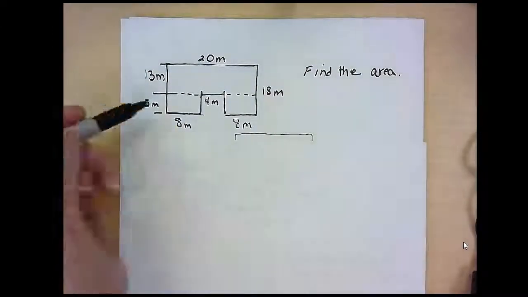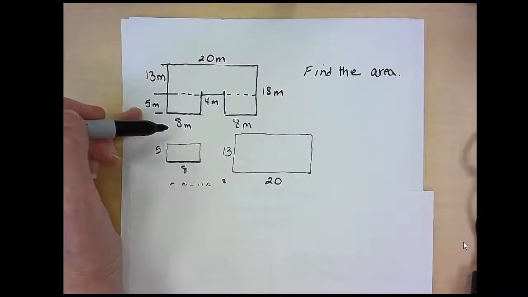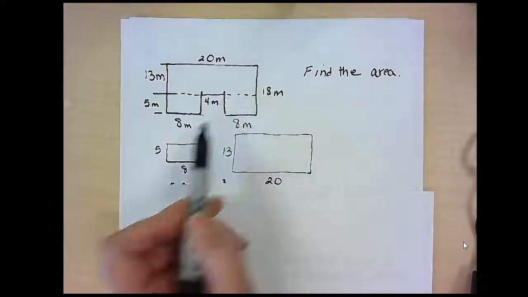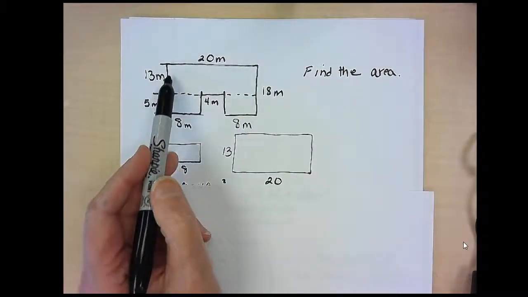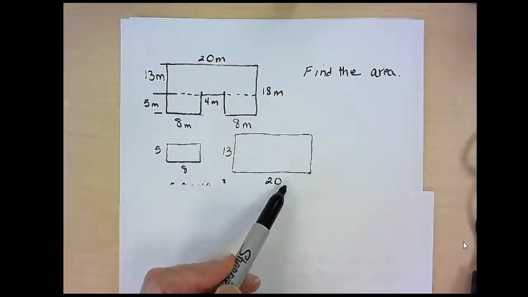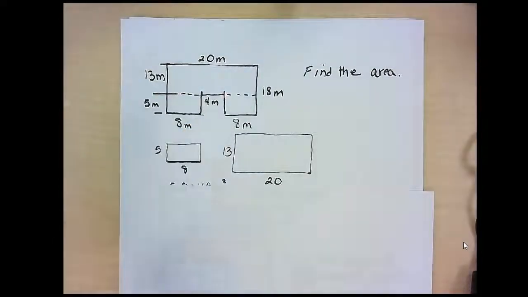So I have this little rectangle that is 5 by 8. This rectangle would also be 5 by 8. And then the large rectangle is 13 by 20. My height is 13. My whole width is 20.